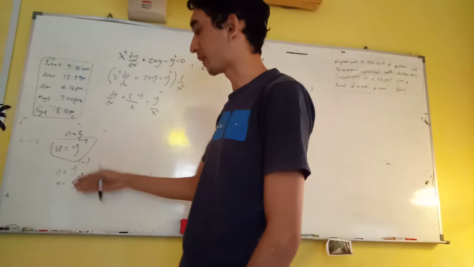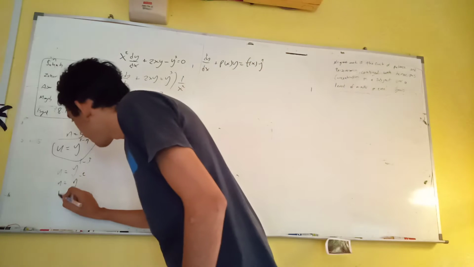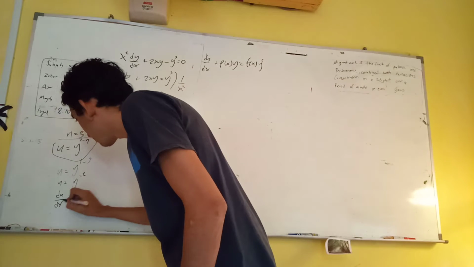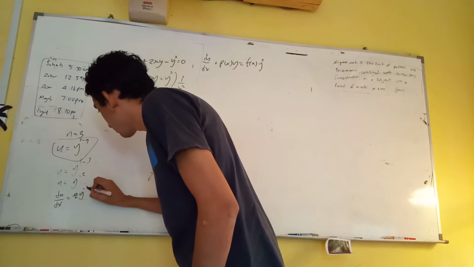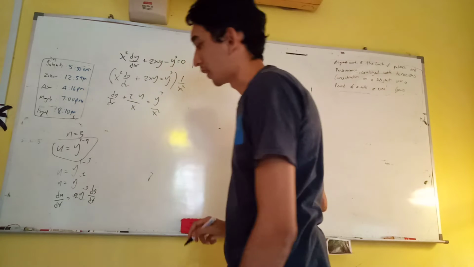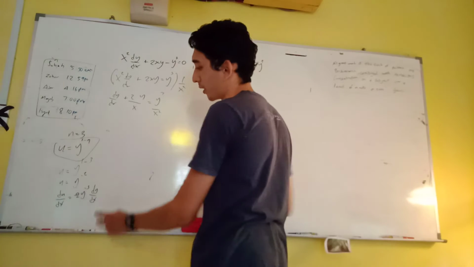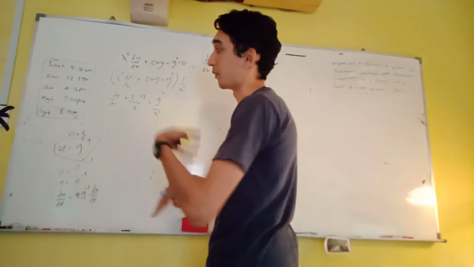So we need to differentiate u with respect to x. And then we need to isolate dy over dx. Why? Because we need to use this substitution in our differential equation.